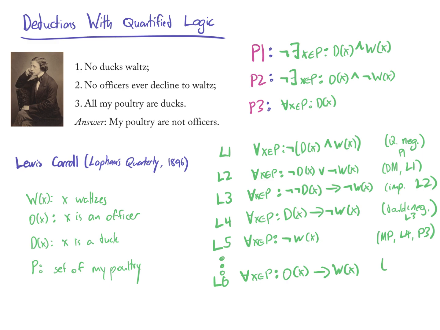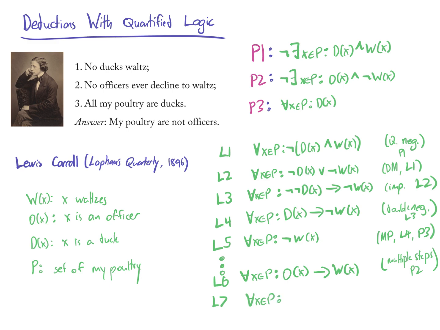So this is multiple steps with P2. Okay, and then once I have this, I am pretty much there because I have one more line, line 7. For all x in P, well, guess what?